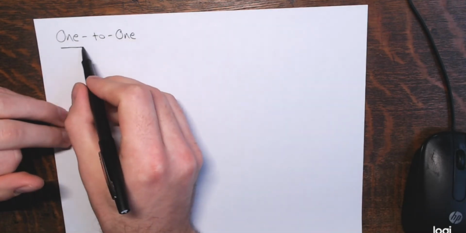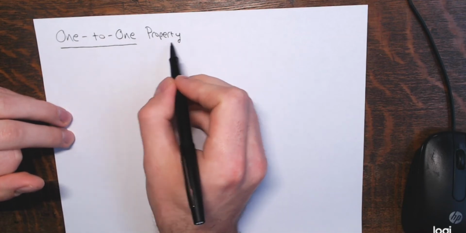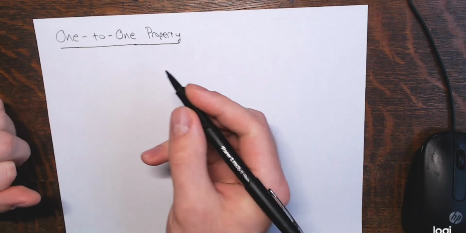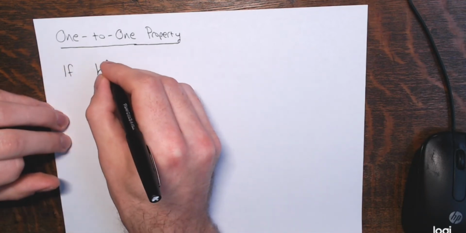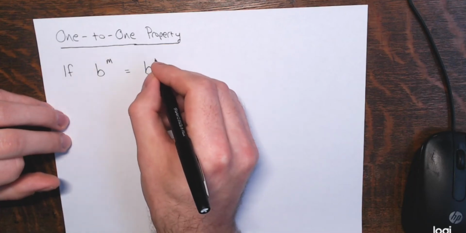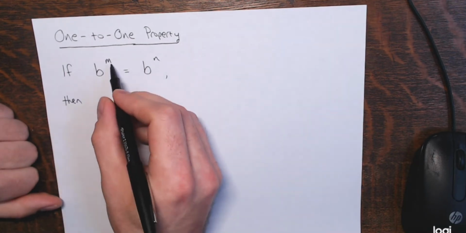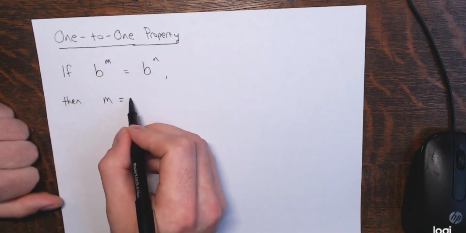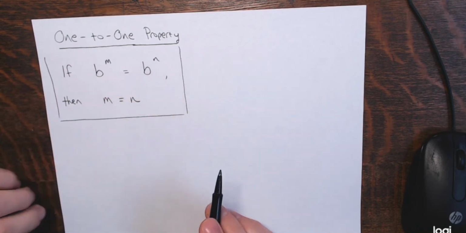But the one-to-one property for exponential functions: if b to the mth power is equal to b to the nth power, then m must be equal to n. This is it, because exponential functions are one-to-one.